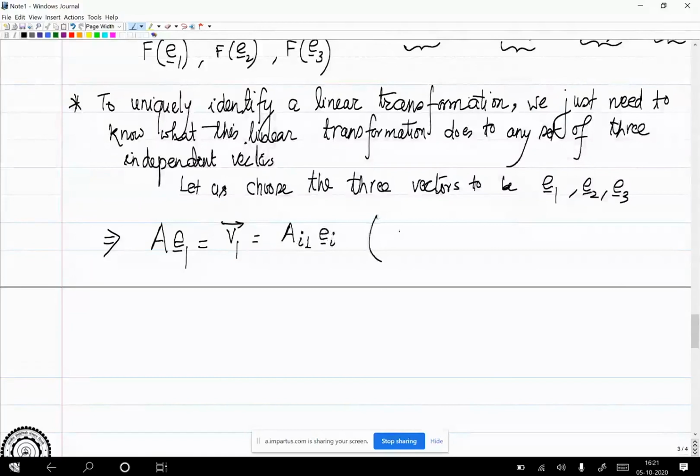So this just means that V1 dot EI is equal to AI1. And I have used summation convention here. So A11, A21, and A31 are some constants which tell you that vector V1. What is that vector V1? Is this clear to all of us?